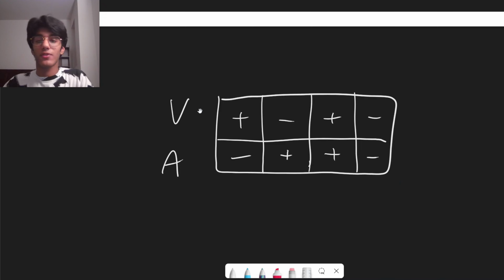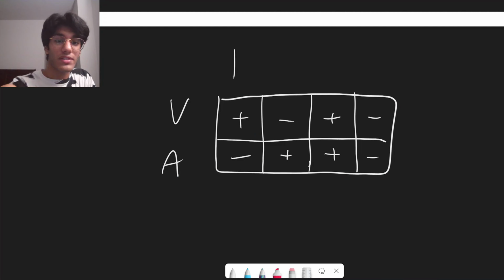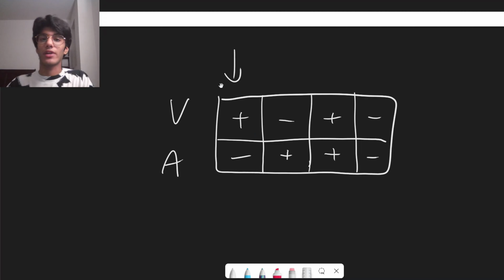If we calculate the velocity to be positive, but we find the acceleration is negative, then that means that the particle is slowing down. So I'll use a little down arrow to represent slowing down. In the same manner, if velocity is negative but acceleration is positive, then again, the particle is slowing down. If both signs are opposite, it's slowing down. They cancel each other out, basically.